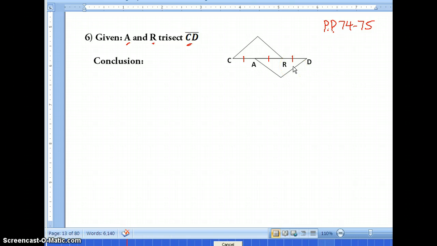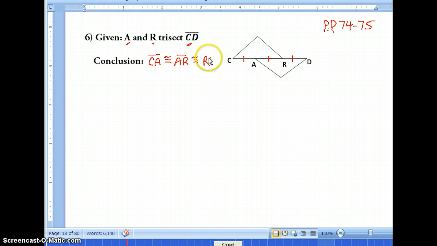And so we should be able to state that segment CA is congruent to segment AR, which is congruent to segment RD.